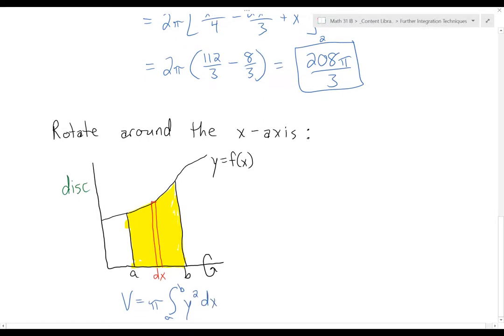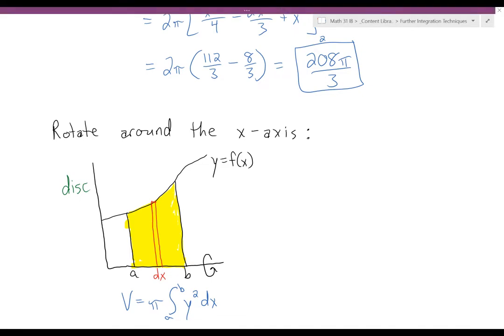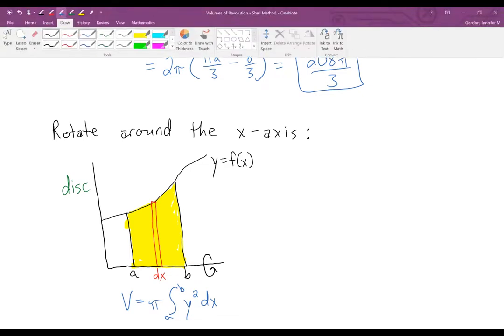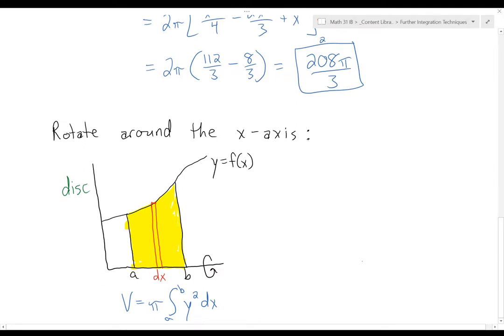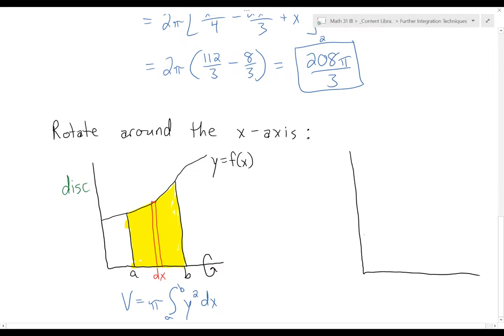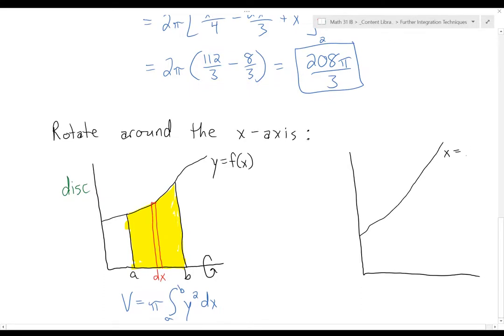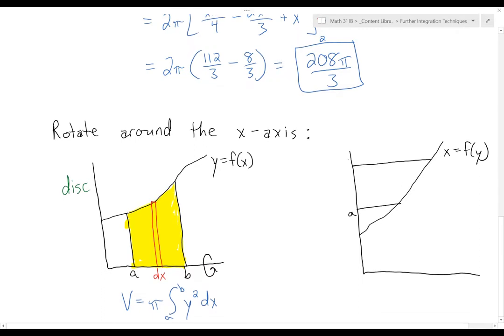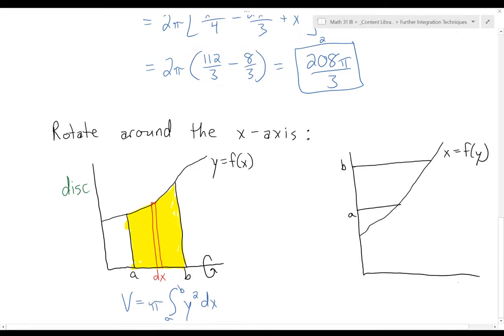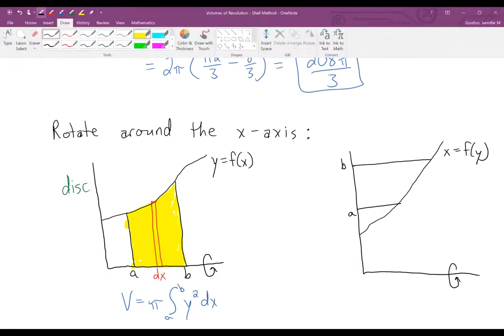That's the disk method. On the other hand, if I'm wanting to revolve around the x-axis, but I have a region that is more properly defined in terms of y, so x equals f of y. In other words, I'm looking at a region that is on the y-axis, but I want to rotate around the x-axis.